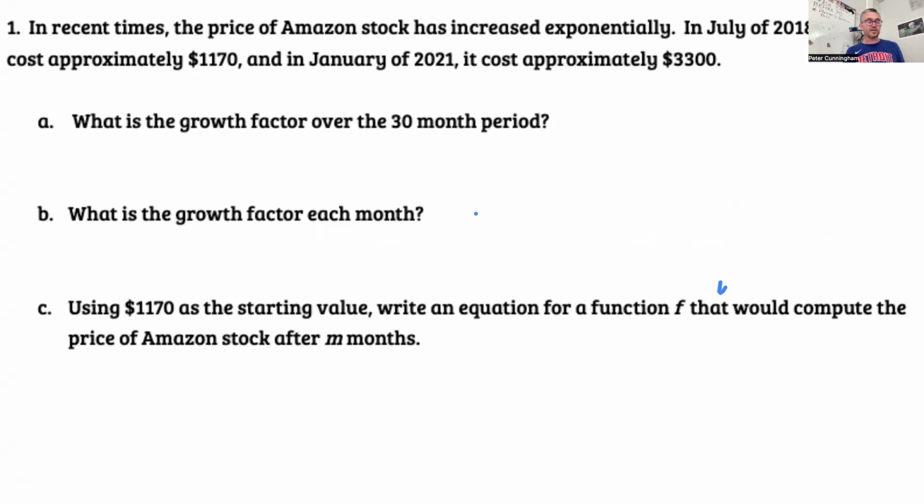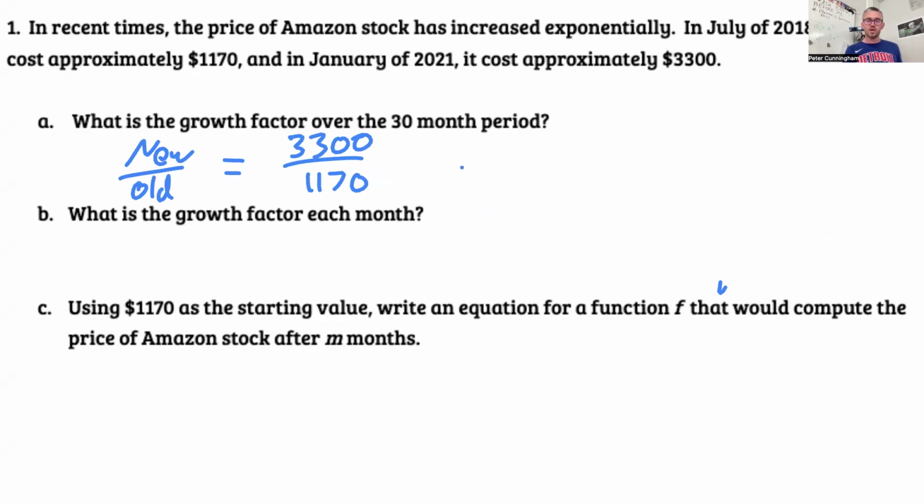All right, growth factor over the 30-month period, we had to have our starting value over, sorry, new divided by old. So I try to preach to people, new divided by old, whether you're growing or shrinking, it's going to be new divided by old.